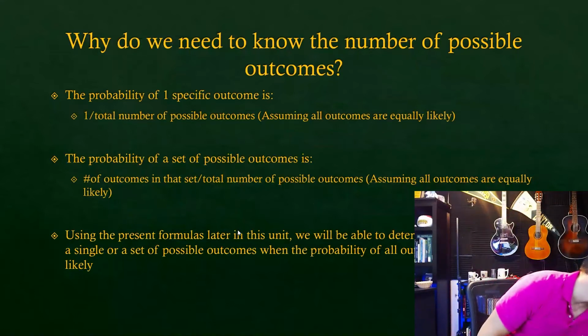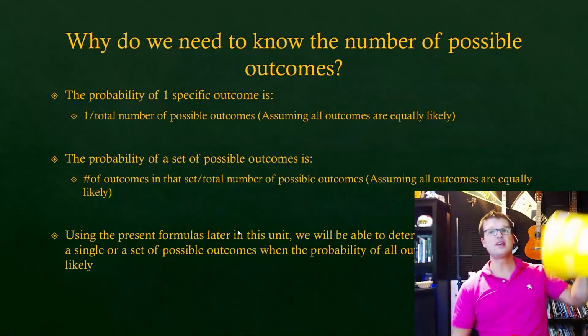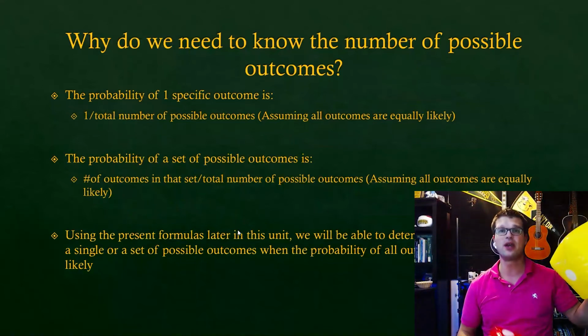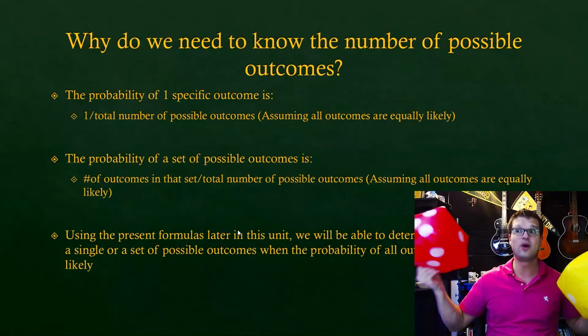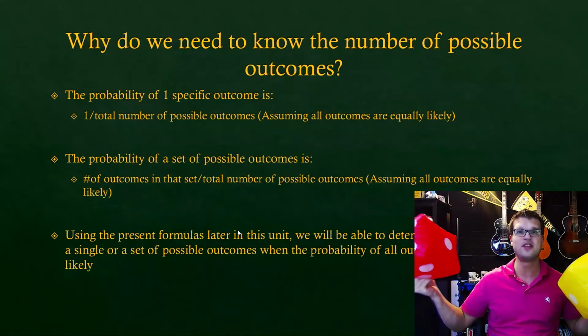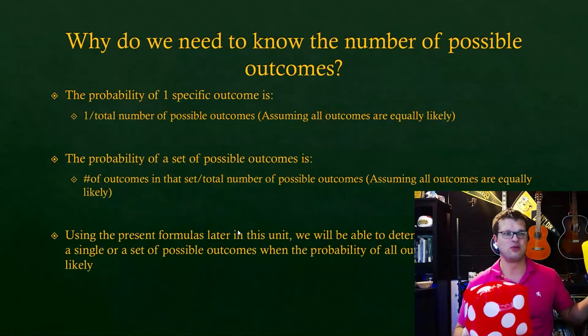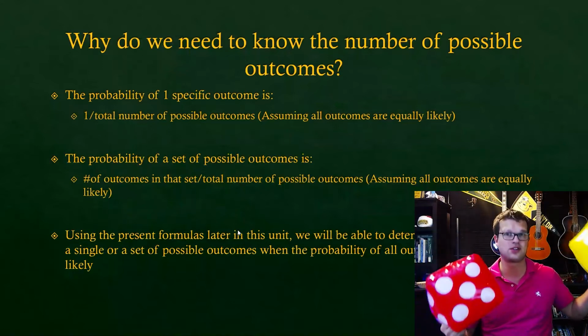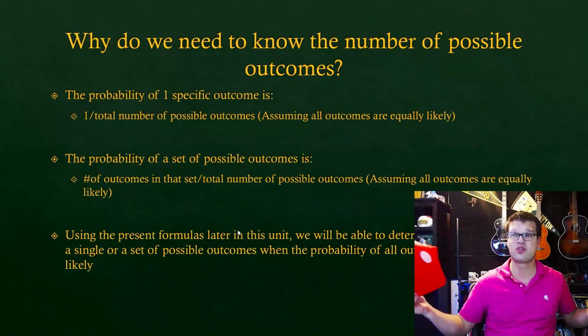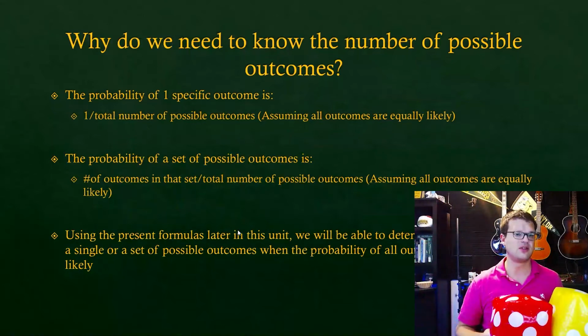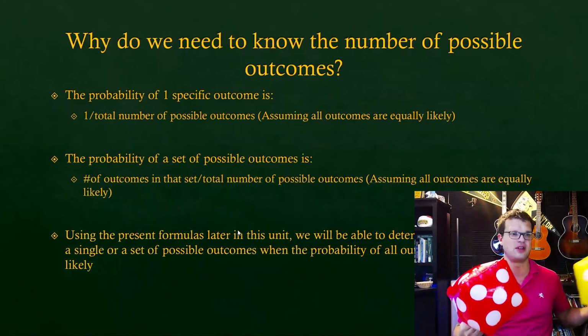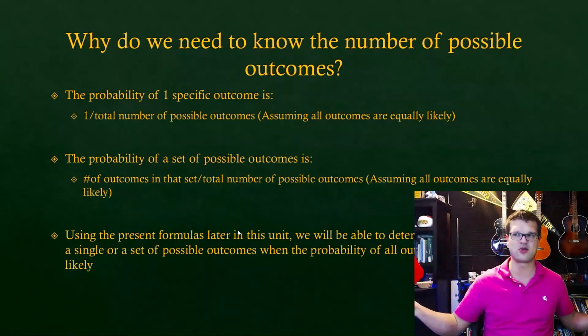Like, for instance, what is the probability of this one landing between 1 and 3, multiplied by the probability of this one landing between 1 and 3? So that's a set: 1, 2, and 3, so that's 3, and so you've got sets, and it'd be 3 out of 6 and 3 out of 6.